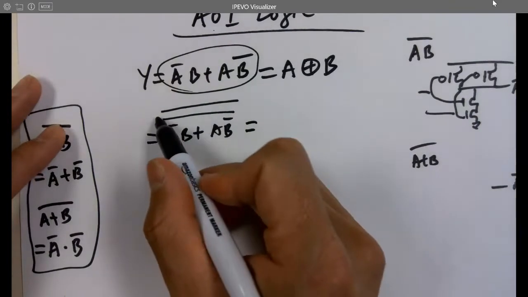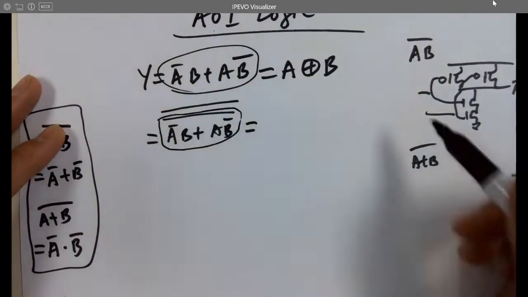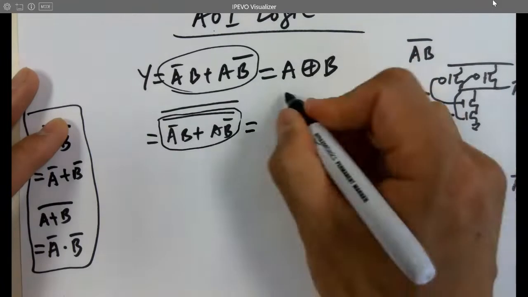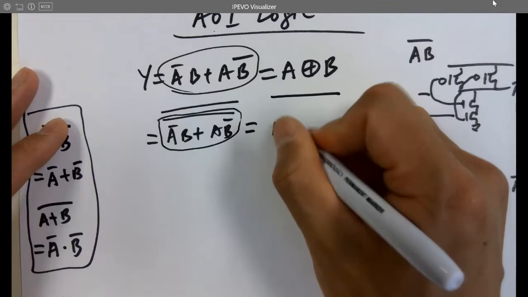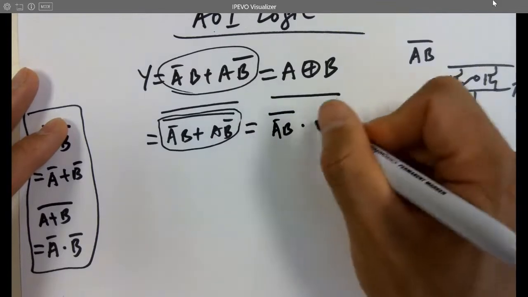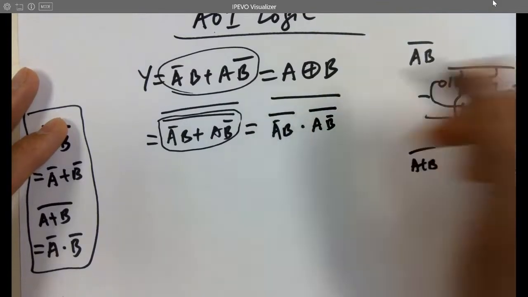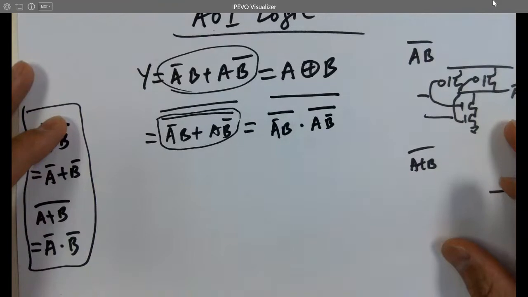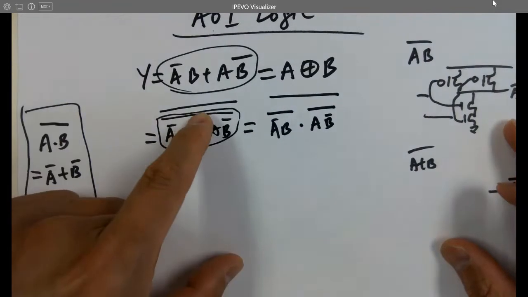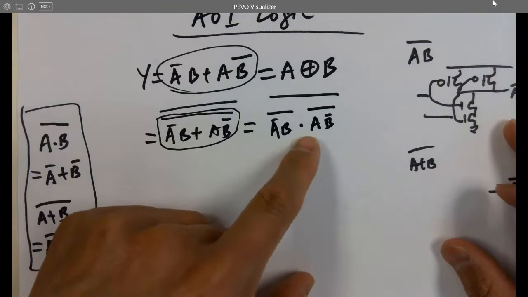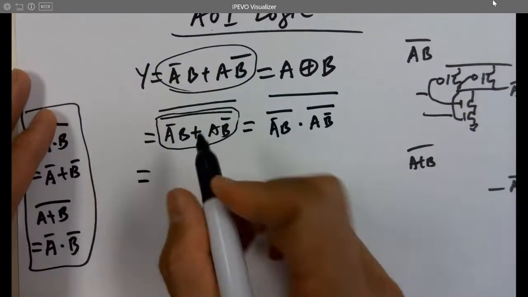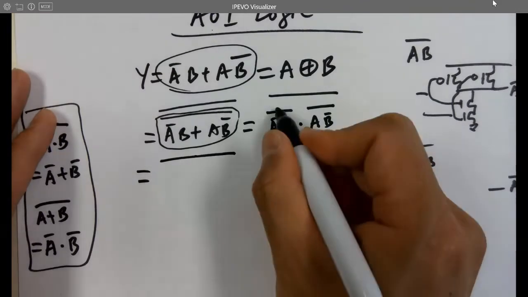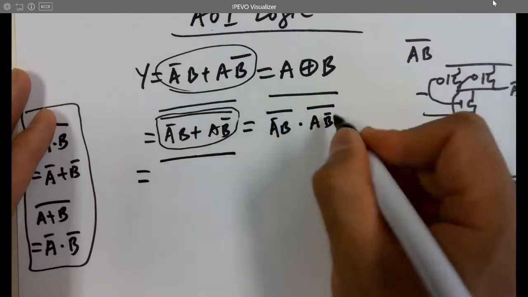Let's deal with the bottom part first. Split the bar, change the sign. So keep the top bar here, but split the bar, change the sign. You are getting A not B not and A B not. Is that correct? You split the bar here, right? Split the bar, change the sign. Yeah. And then this equals split the bar, change the sign here for each of them.